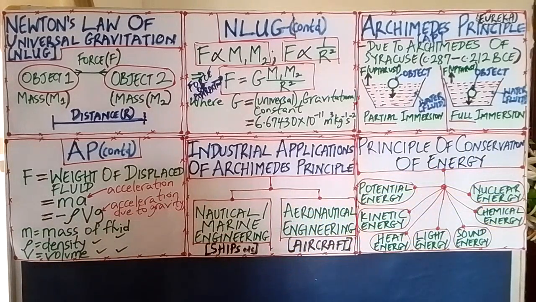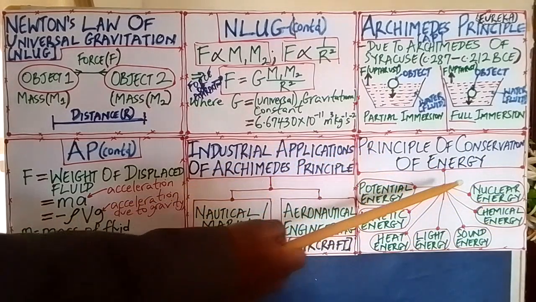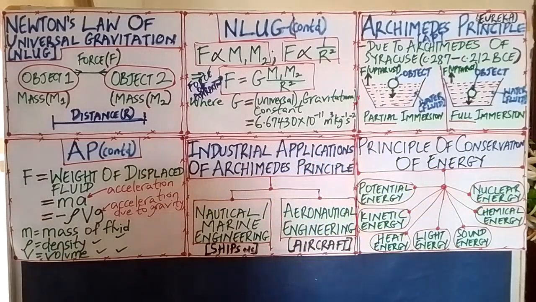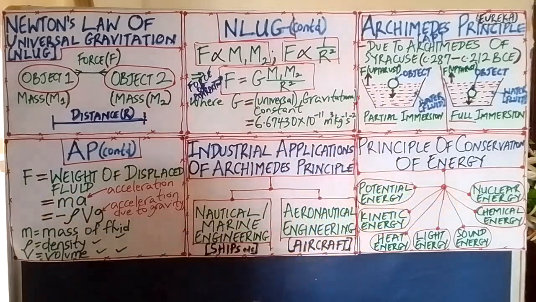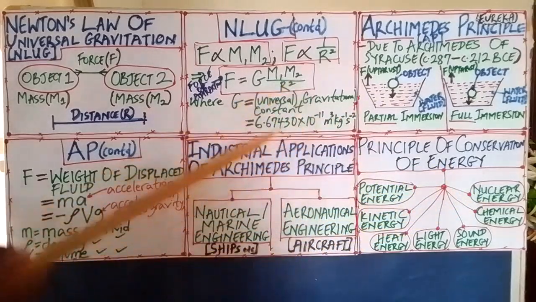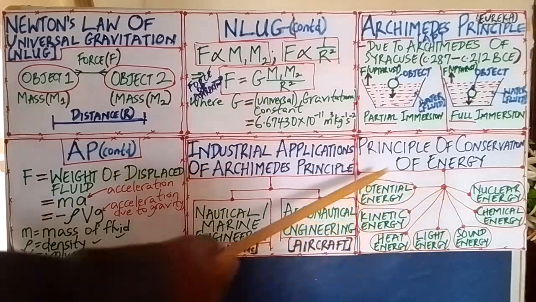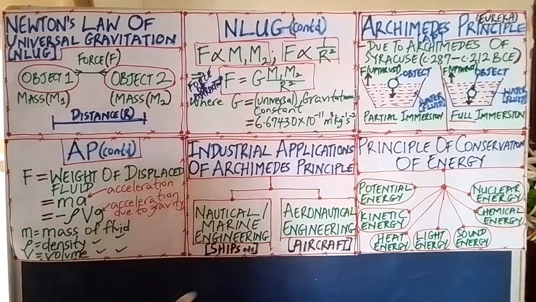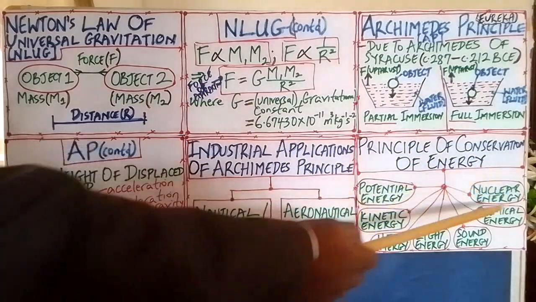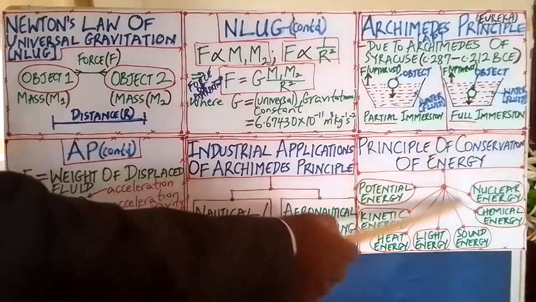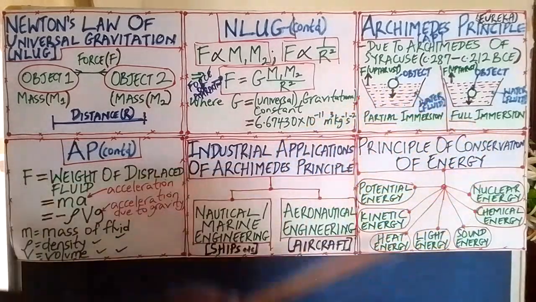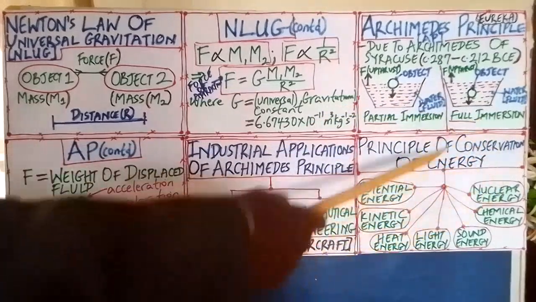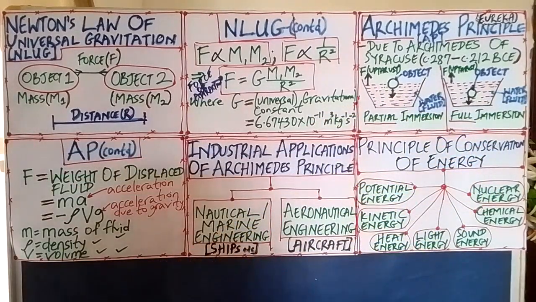A classical example is when you look at the battery of a transistor radio. It stores chemical energy, but it later converts to another form of energy. You can hear sound, bring light, and so on and so forth. Then you have nuclear energy. This one relates to nuclear fission, nuclear power, reactors, and so on and so forth.